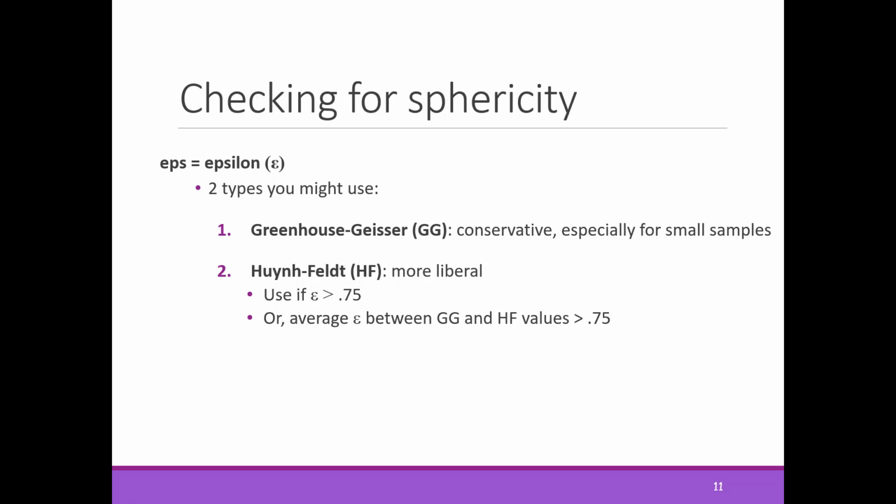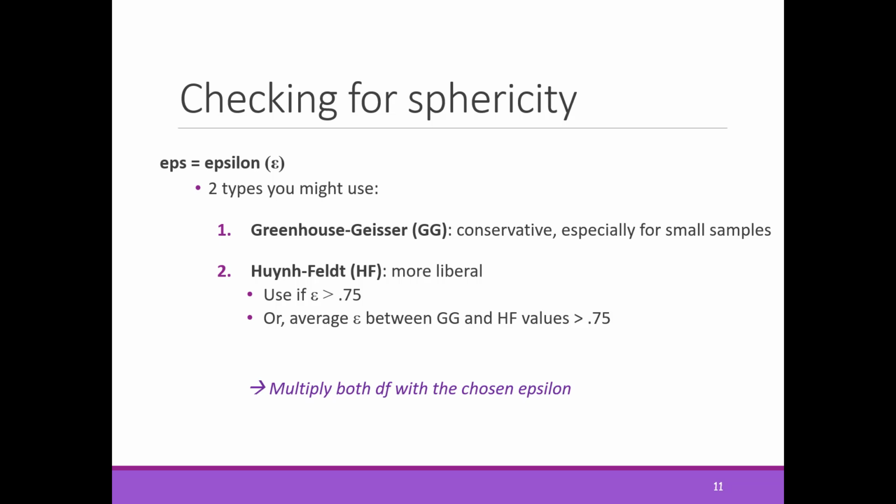Now, what do you use it for? You would apply it to the degrees of freedom for your F statistic. You would multiply the epsilon that you choose, Greenhouse-Geisser or Huynh-Feldt, with both the numerator and the denominator degrees of freedom to get the correct adjusted degrees of freedom for your F statistic.